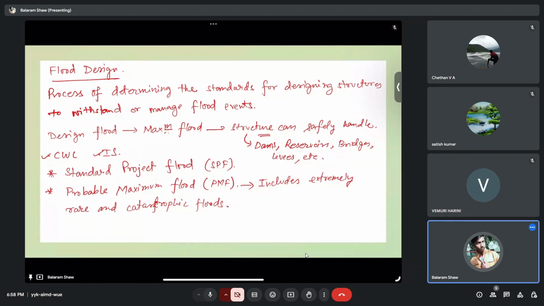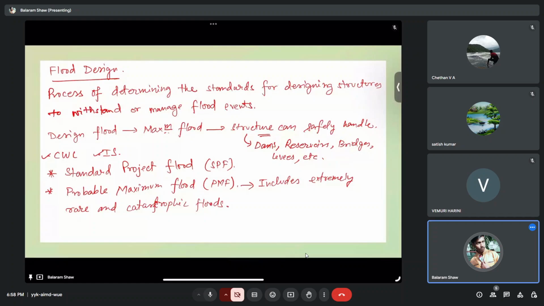Other things to be considered are floods with a return period of 100 years for these kinds of structures. Whichever of the two guidelines gives a higher value, we'll consider that for the design flood for these kinds of structures.